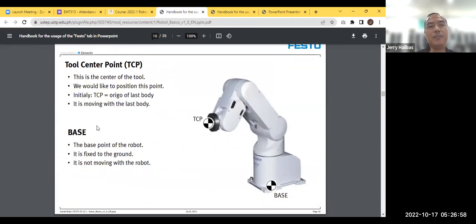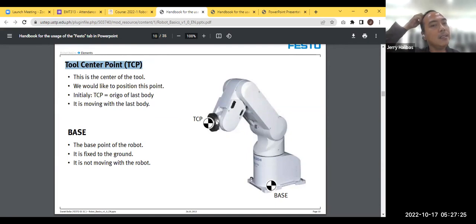Then TCP, so you are familiar with TCP. The TCP is just a point. It is known as the tool center point, the center of the tool, which keeps following your tool on your robot. Then there is the robot flange, which we discussed last time.